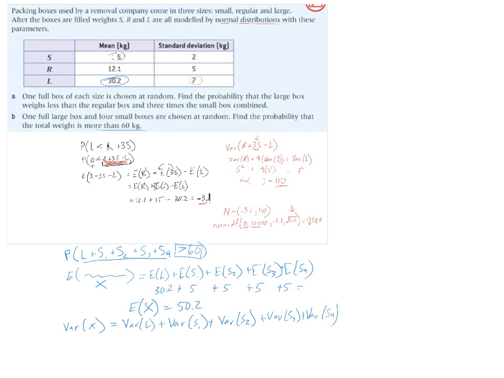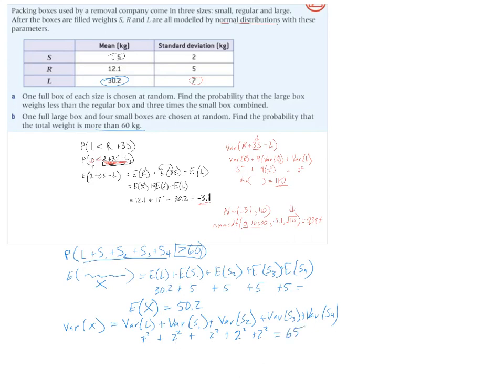Then we're going to add them all together. Again, variance is the square of the standard deviation, so we have 7 squared plus 2 squared 4 times. And that will give us a total of 4, 8, 16 plus 49, which is 65, is the variance.